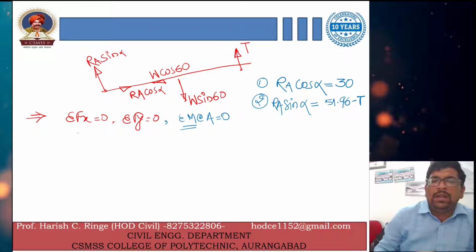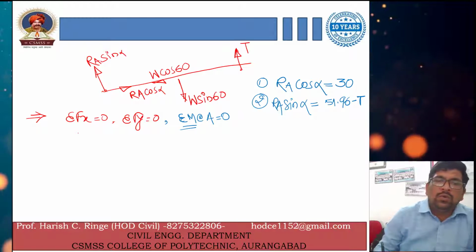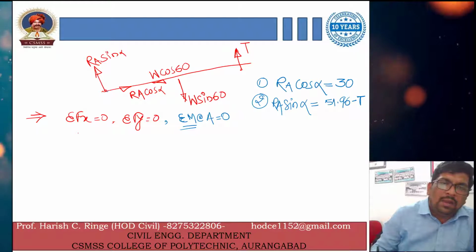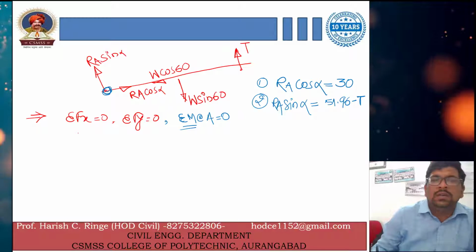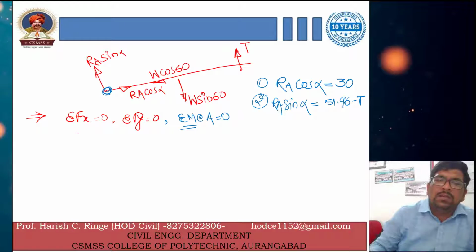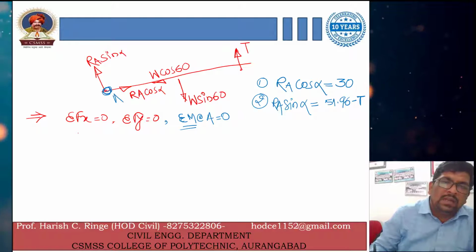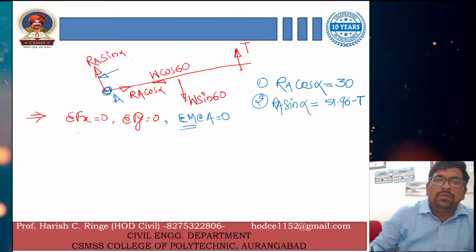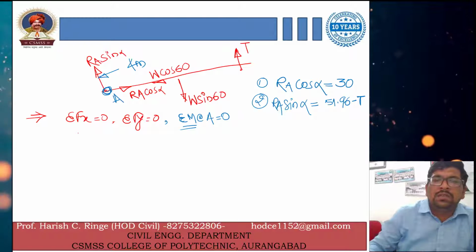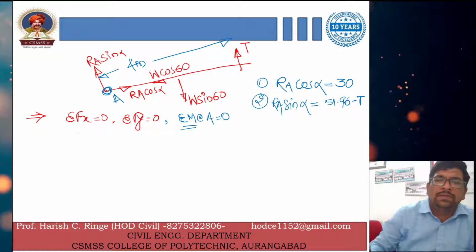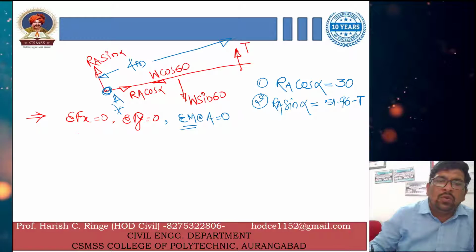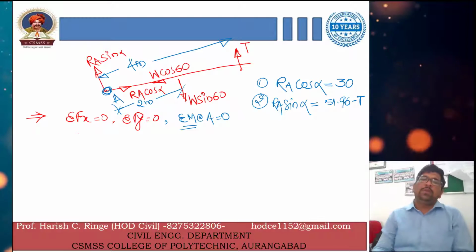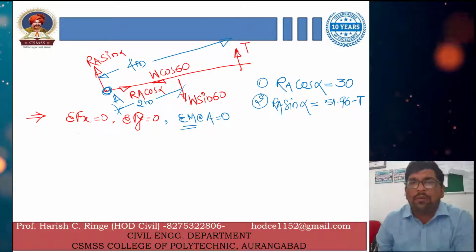So now just consider the forces and calculate the moment about point A. I will say that this is point A. For this, we will have the distance. This is a 4-meter distance from this to this. As we know that the applied load is at the center of the body, it will be 2 meters.